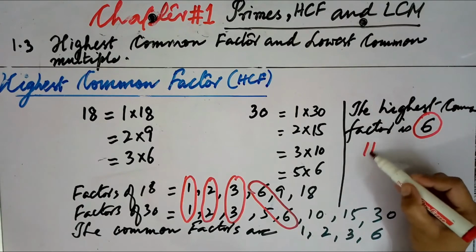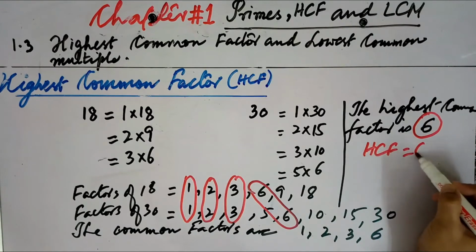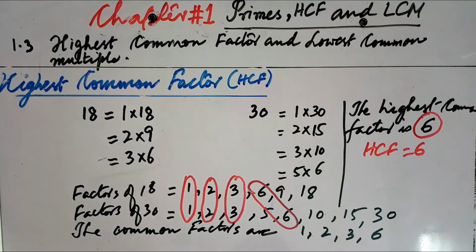The highest common factor is equal to 6. This is a small recap which you have already done in previous class 5. And this method of finding the highest common factor is called the listing method. Got it?